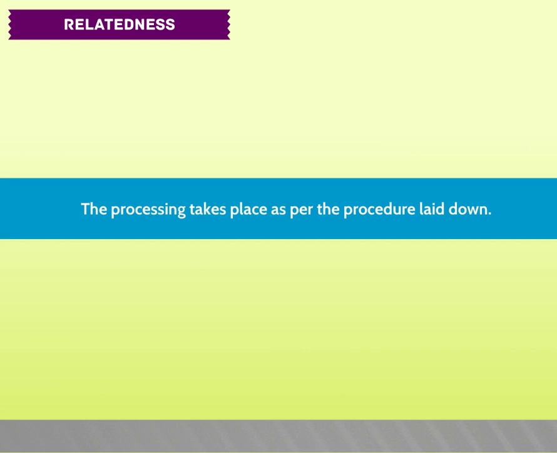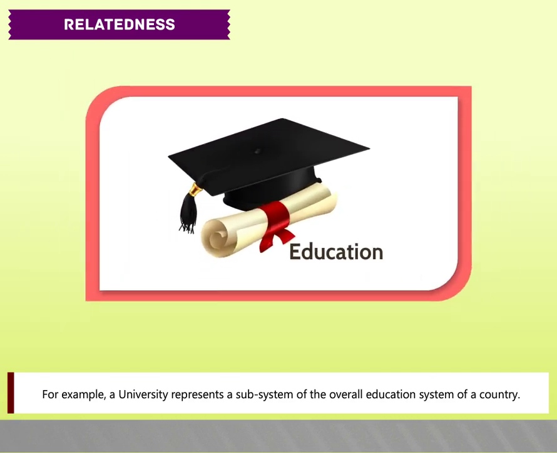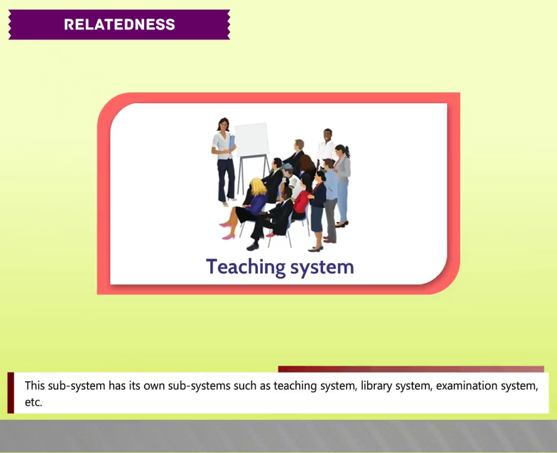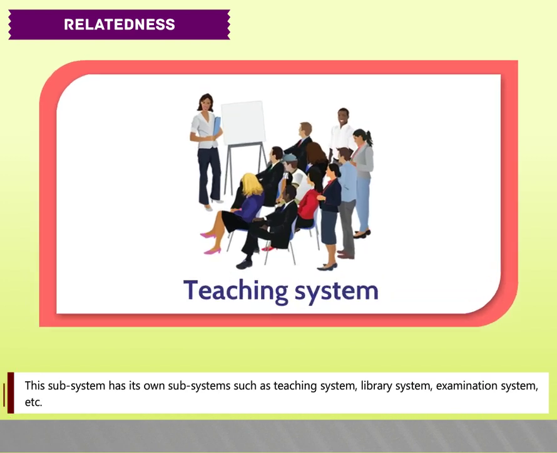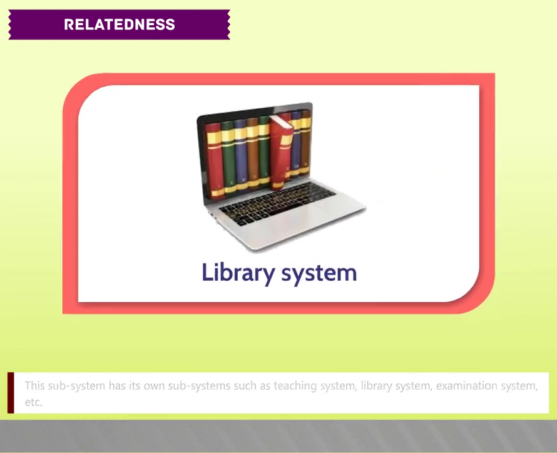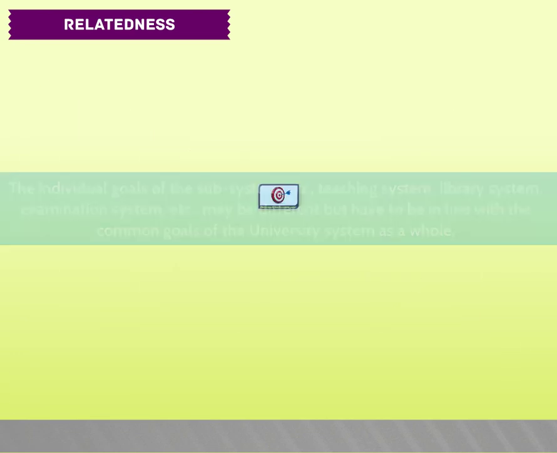The processing takes place as per the procedure laid down. For example, a university represents a subsystem of the overall education system of the country. This subsystem has its own subsystems such as teaching system, library system, examination system, etc. The university has its defined goals.